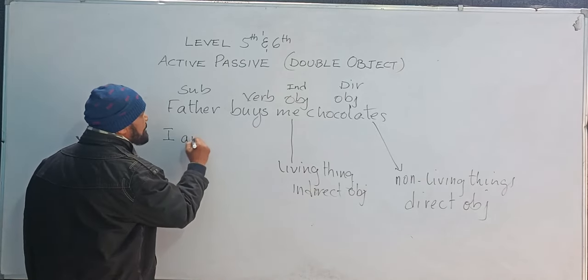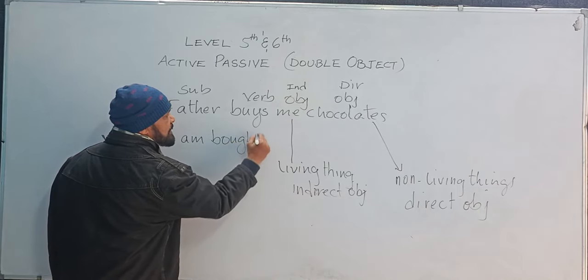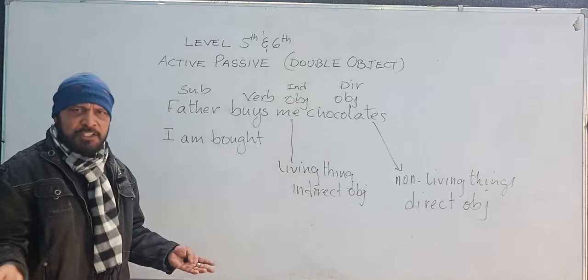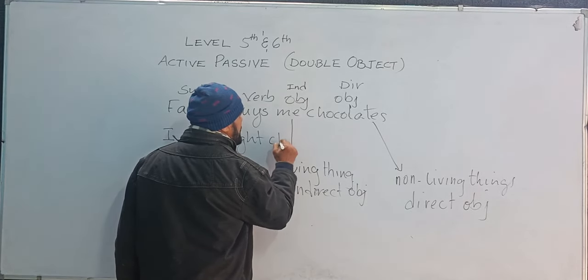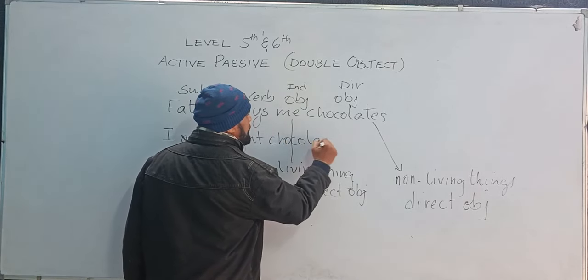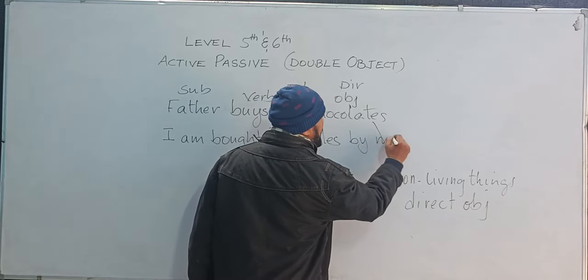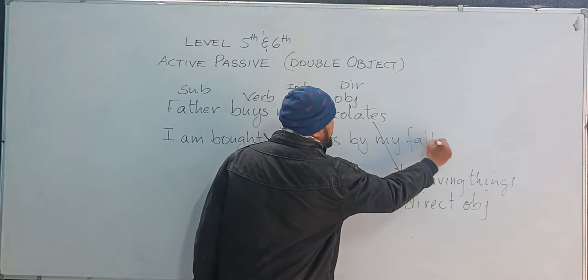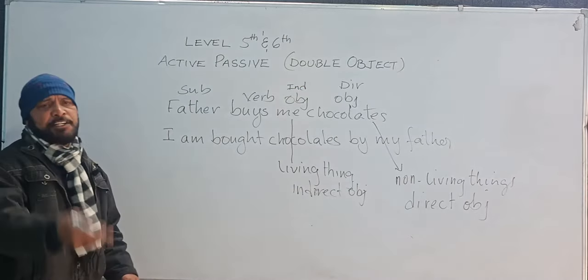So I am bought, B-O-U-G-H-T. Passive voice is all about the third form. So I am bought by my father. That was the indirect object. We made it into passive voice.